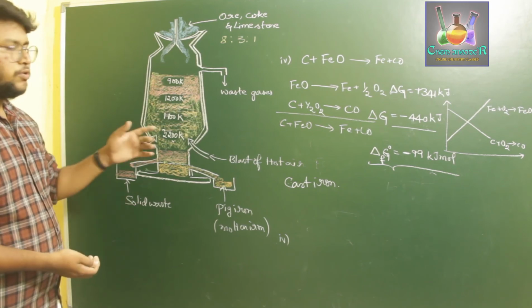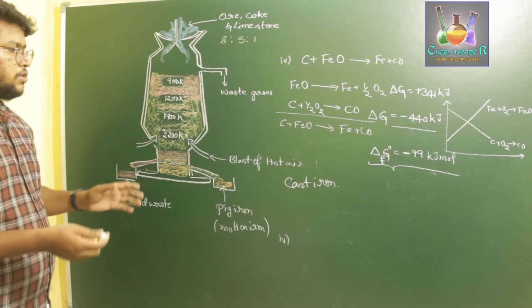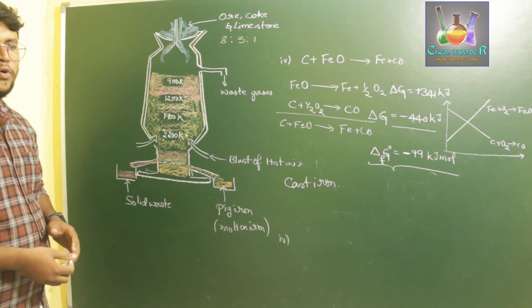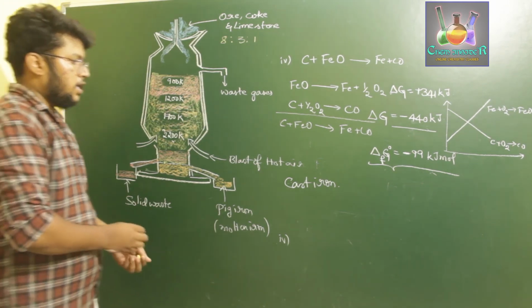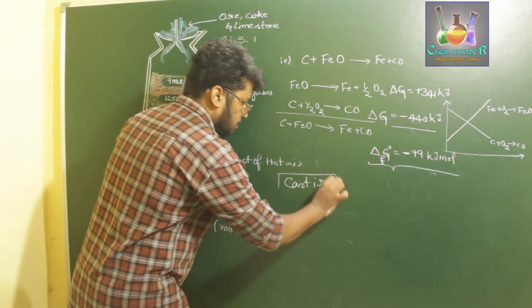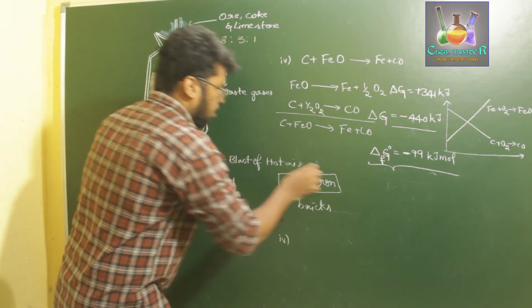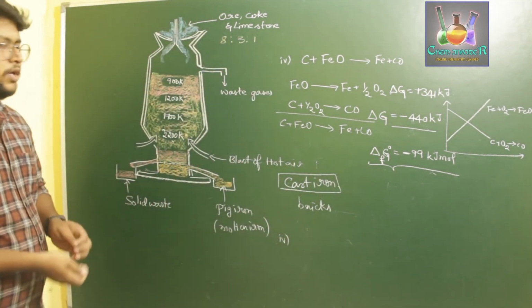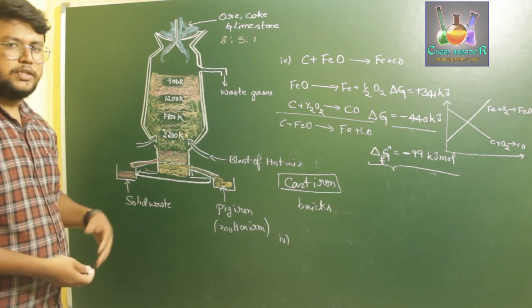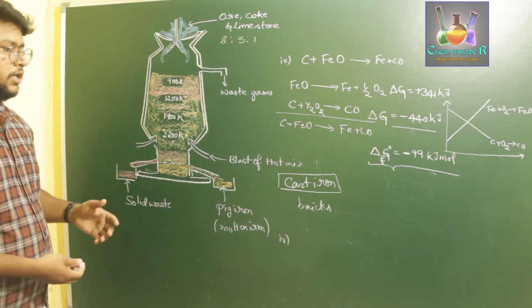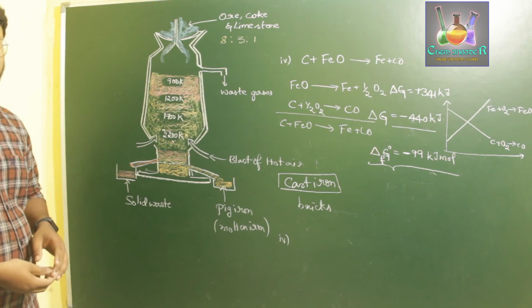It has about 3 to 4% of carbon. It is treated with coke, heated once again and cast into bricks, and that is called cast iron.